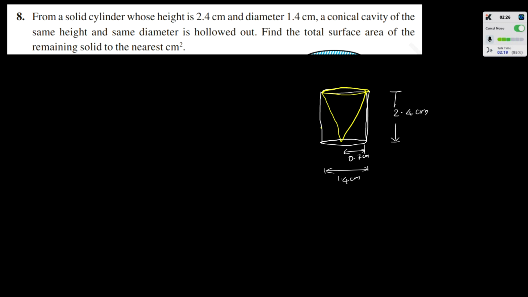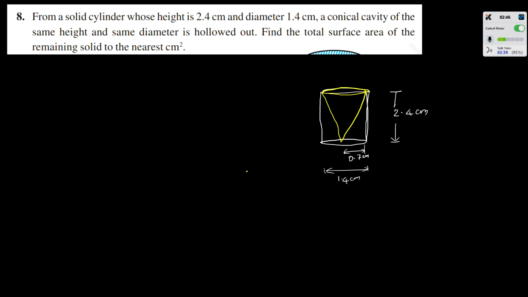Now we have to find the total surface area of the remaining solid. To find the surface area, we always have to look at which parts of this cylinder can be touched.